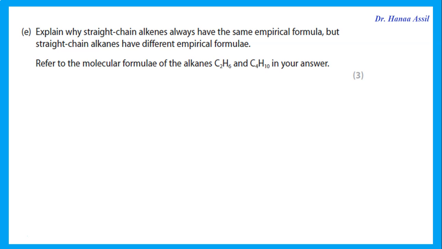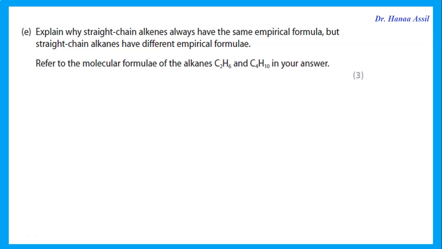Explain why straight chain alkenes always have the same empirical formula, but straight chain alkanes have different empirical formula. Refer to the molecular formula of alkane, C2H6 and C4H10. First of all, what do we mean by empirical formula?